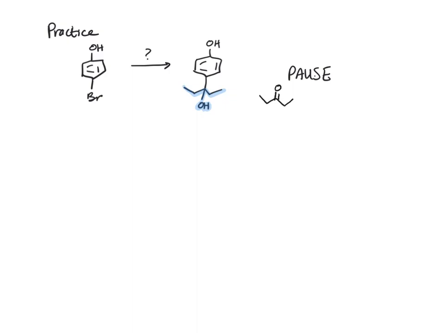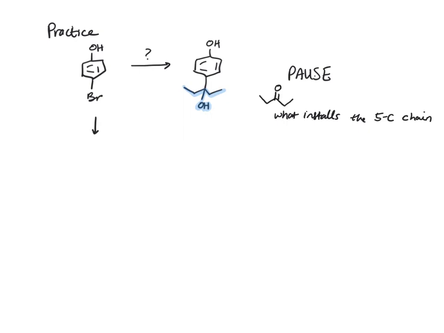So this is going to be what installs the 5-carbon chain. So normally we would do that by converting this bromine atom into a Grignard reagent, but we've got this alcohol group that's incompatible, so we need to protect that alcohol first before we can do the Grignard reaction.